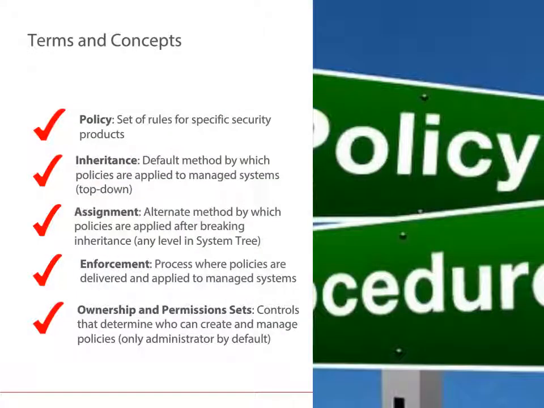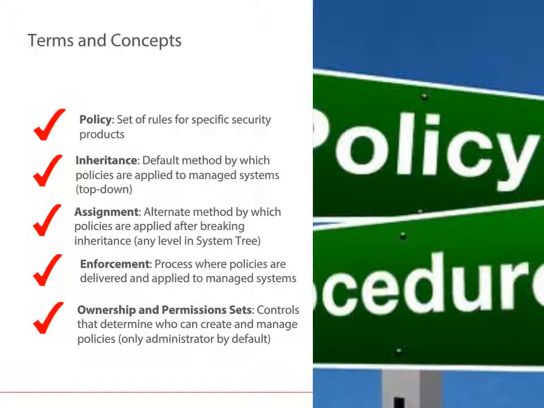The terms and concepts that we have within this module are, first off, a policy, which is a set of rules for specific security products. So for any type of products that McAfee creates, you will create a policy, and with that policy you configure the settings for how that machine or that product will actually protect.